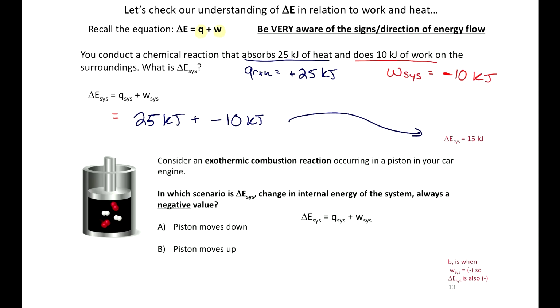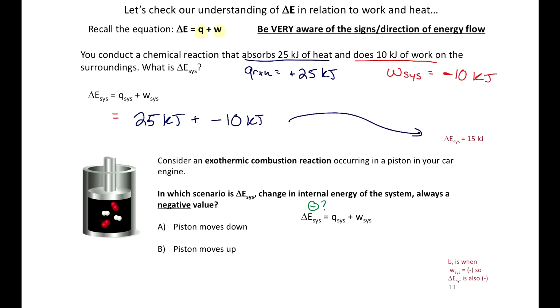This question is asking, when is delta E of your system negative? All right, so that means we're not actually calculating anything, we're just trying to determine the signs of things. So given what's in this question, do I already know one of these variables? Do I know Q or do I know W already, given what's in the question?